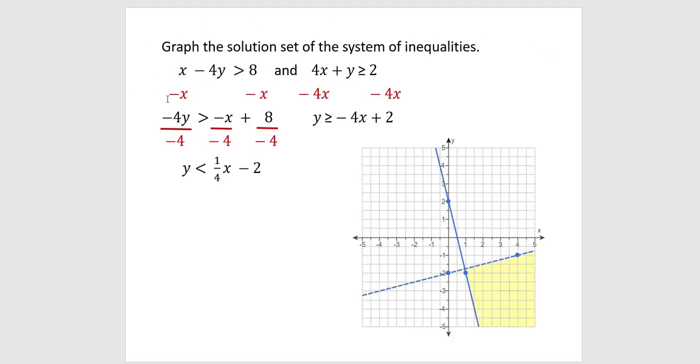Now let's look at our second example. Both are in standard form and both must be solved for y. For the linear inequality on the left, the y is on the left-hand side of the linear inequality. We need to move the x away from it. So we subtract x from both sides of the linear inequality to cancel the x on the left-hand side.